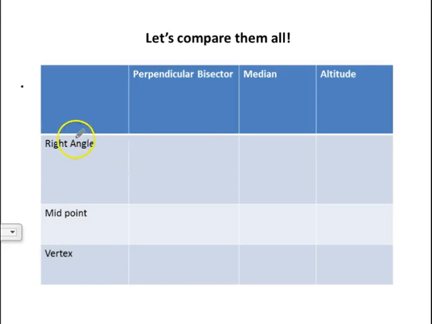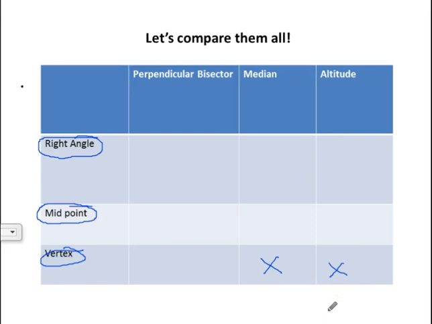The first is whether or not it had to have a right angle when it intersected the side of the triangle. Whether it had a midpoint when it intersected the side of the triangle, and if it had to start at the vertex. So which out of our three have to start at a vertex? The median and the altitude. They're going to start at the vertex.